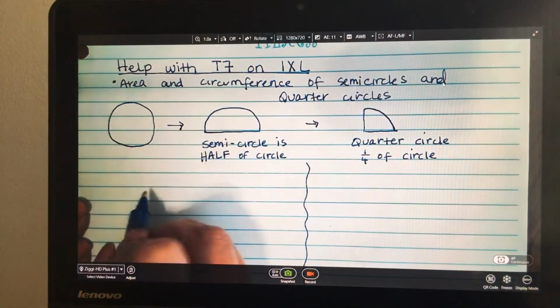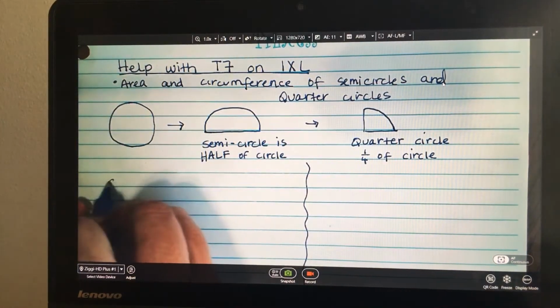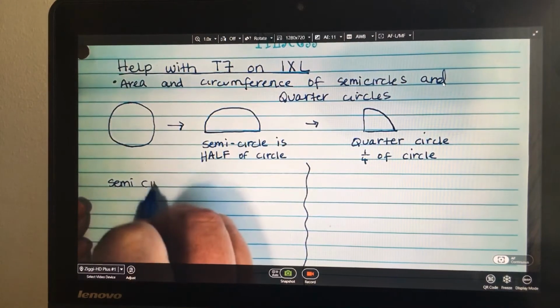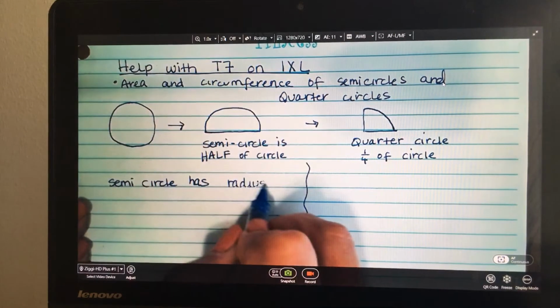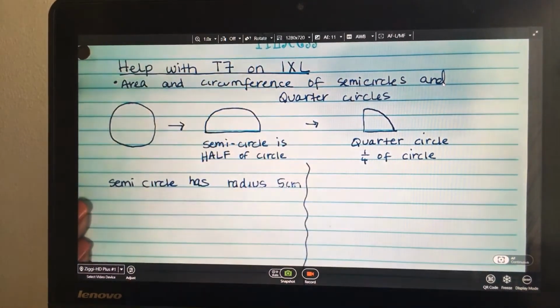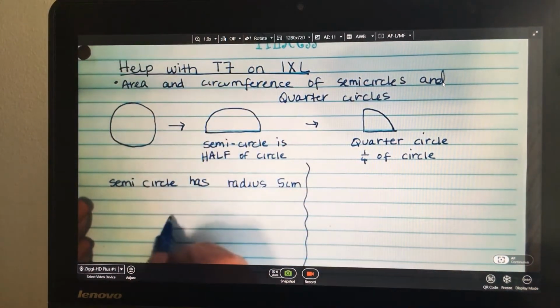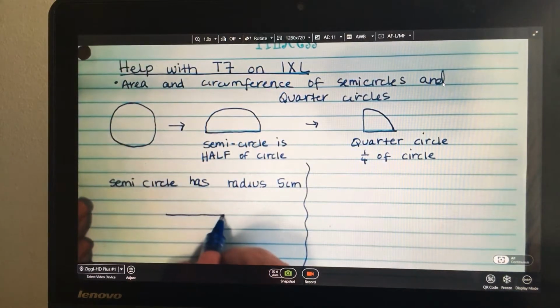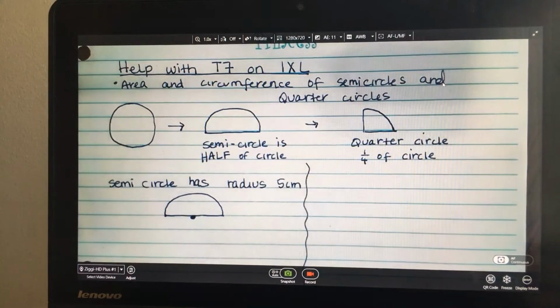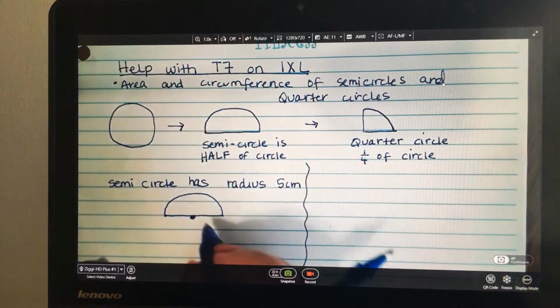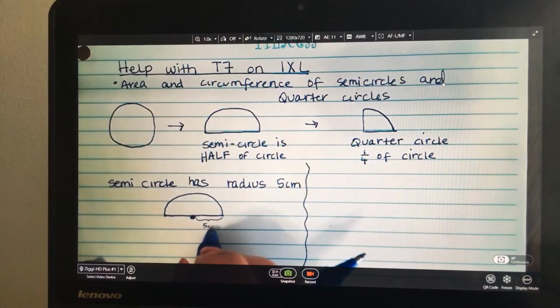So let's say, for example, the semicircle has a radius of 5 centimeters. We can draw a picture similar to this. Again, if drawing a picture helps you, you can definitely do that. So here's our semicircle, and we're told that it has a radius of 5 centimeters. That's from here to here, 5 centimeters.